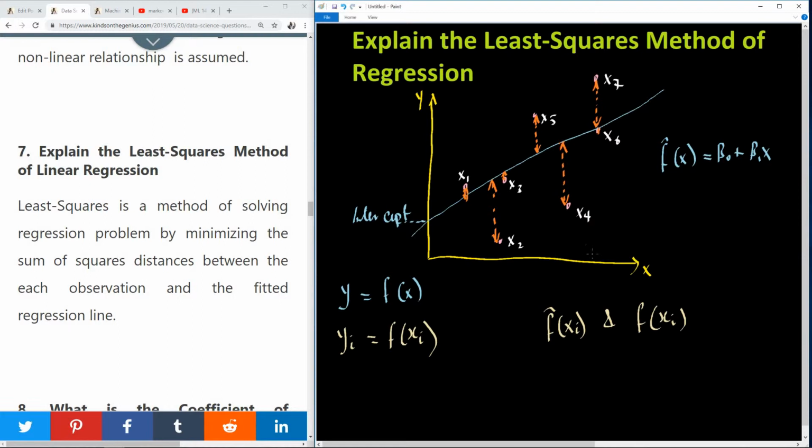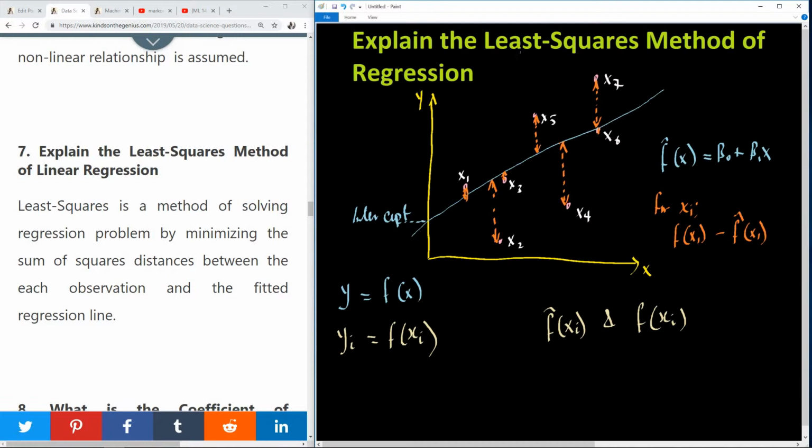So let's take, for instance, x1. The distance is given by f of x1 minus f hat of x1. This is the difference.